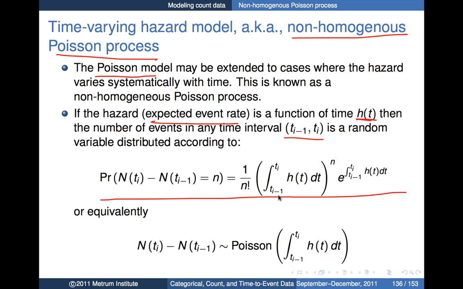Before, we had a term like h, our constant hazard, times the interval of time. Now instead I've got h as a function, but I'm integrating it from t_{i-1} to t_i. And I do the same thing for the one in the numerator.